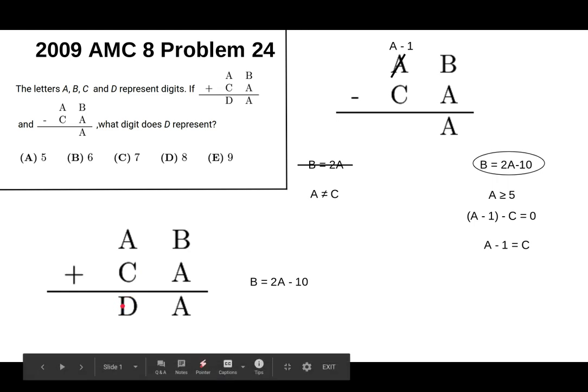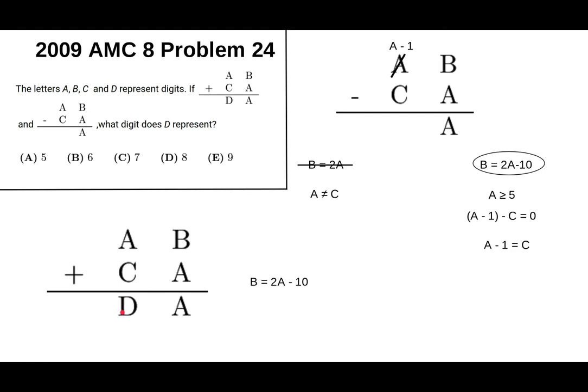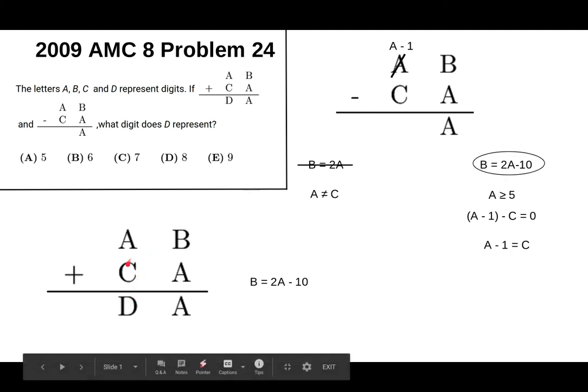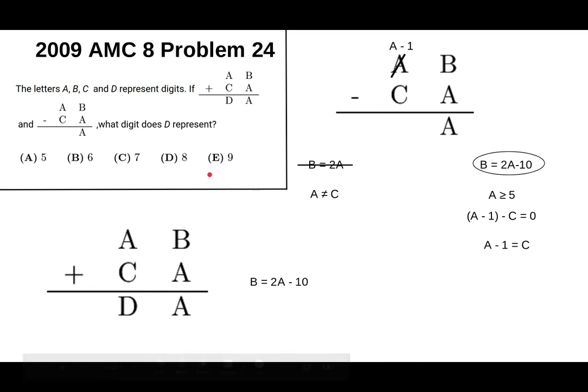And it all has to be single digit numbers. Otherwise, the people who made this would have written DEA or EDA to represent a 3-digit number. D has to be single digit, but 5 plus 4 plus 1 is double digit. So there can't be a carryover. So that means if there was no carryover, the answer is 9. So the answer will be 9.